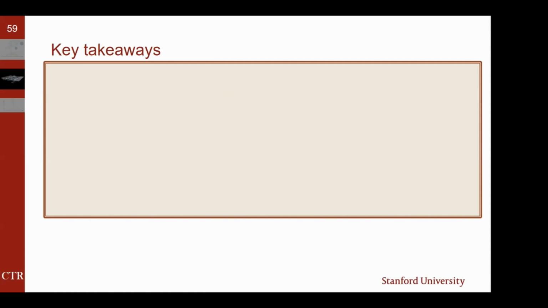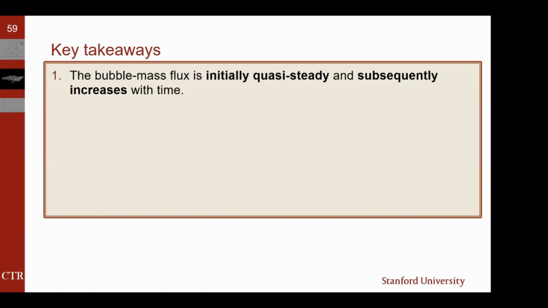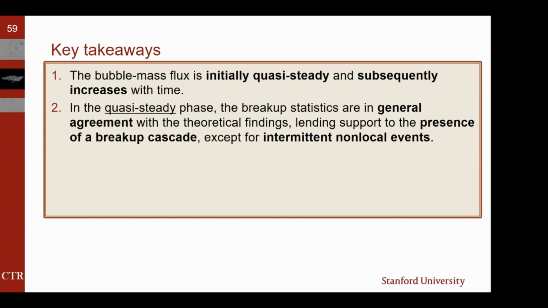So just to summarize these simulation results, we observed two characteristic intervals in the evolution of the flux. While the flux was quasi-steady, we observed good agreement between the simulations and the theory, lending strong support to the presence of a cascade, except for the presence of intermittent non-local events, which do not affect the net locality of the dynamics.